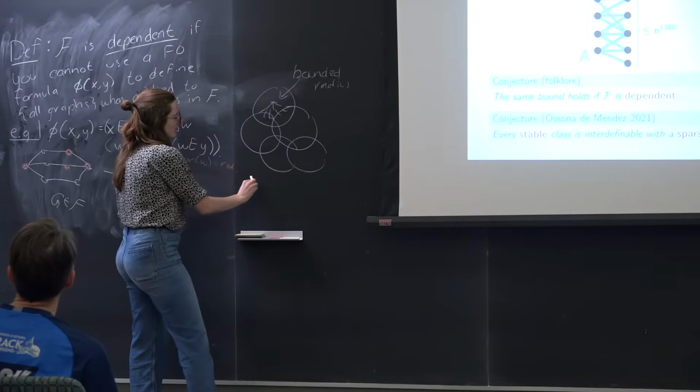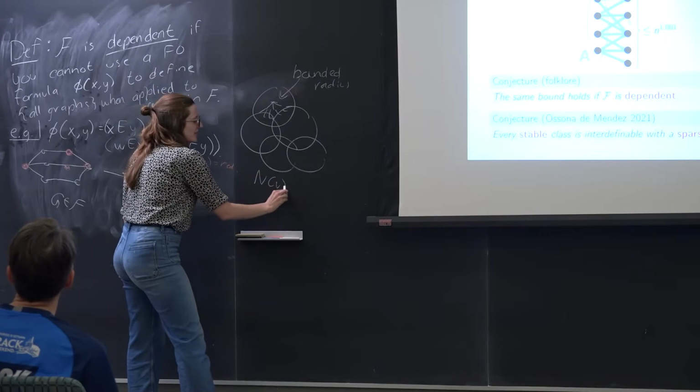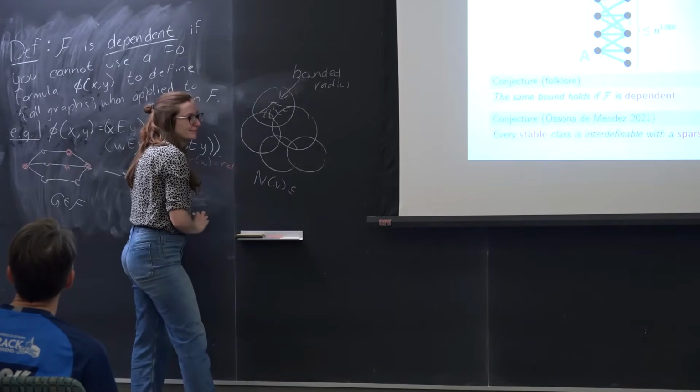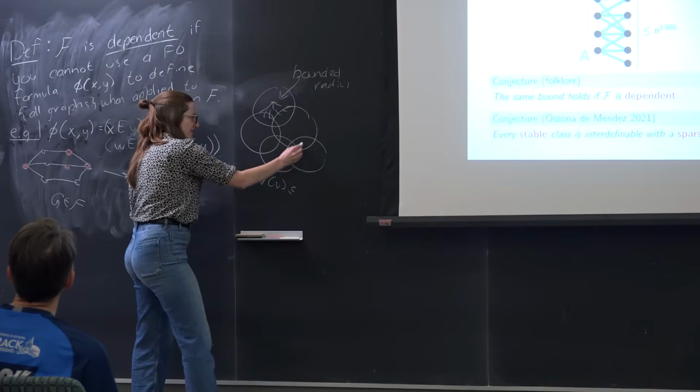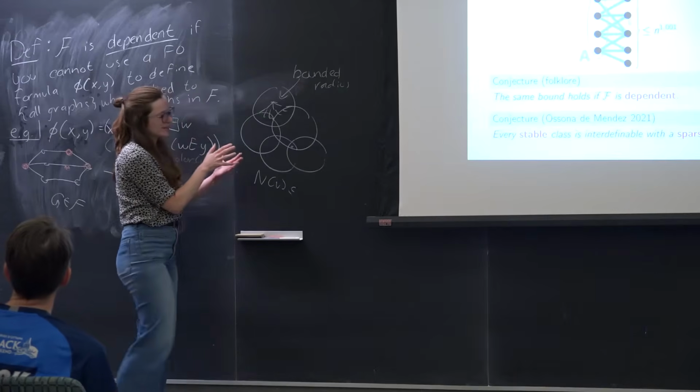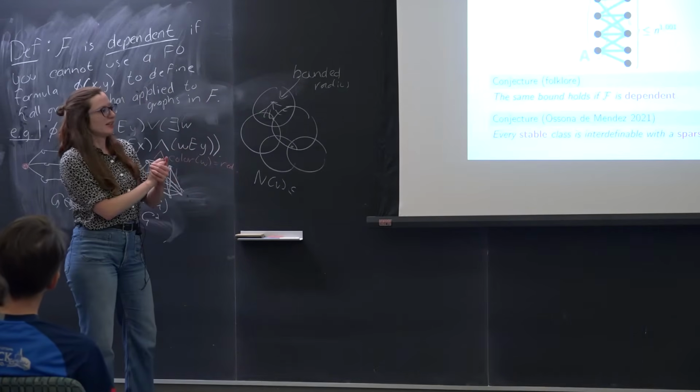And also so that for every vertex, its neighborhood is contained in something in your collection. And no vertex is in too many of the things in the collection. So this kind of approximates the neighborhood of vertices.